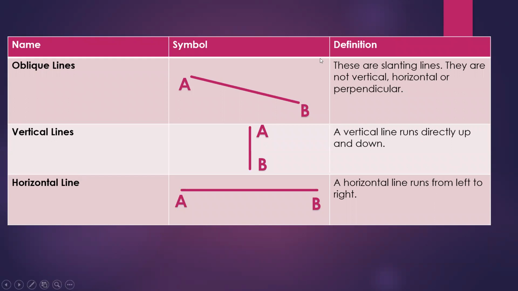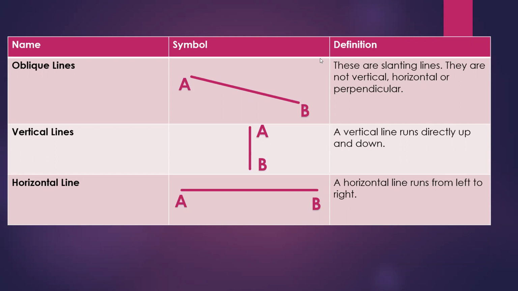Okay, sure, no problem. All right, so Dornick, what is an oblique line? An oblique line or slanting lines that are not vertical, horizontal, or perpendicular. Very good. And Erica, what is a vertical line? A vertical line runs directly up and down. That's correct.